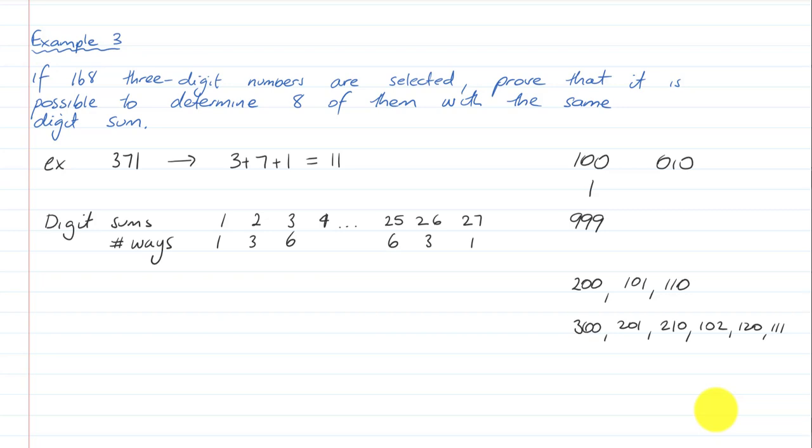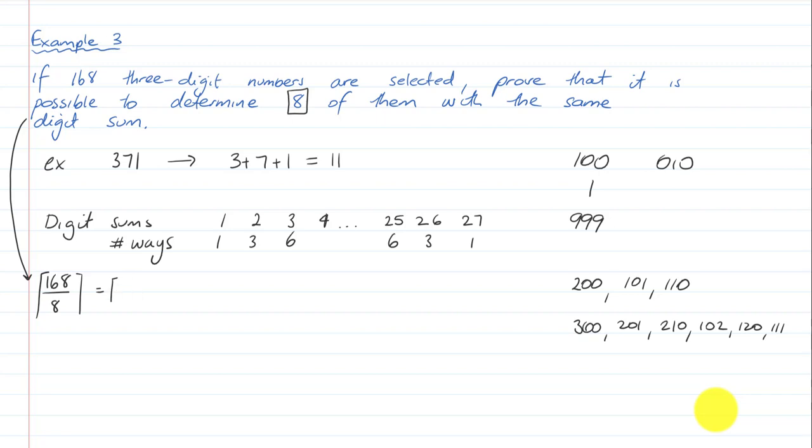But this is really important because that means that those 6 numbers are already out. You cannot get 8 variations of a digit sum of 1 or 2 or 3 or 25 or 26 or 27. Because the problem we have here is that the standard student's probably immediately going to go to 168 over 8 and look at the ceiling. But the problem is 168 over 8 is equal to 21.